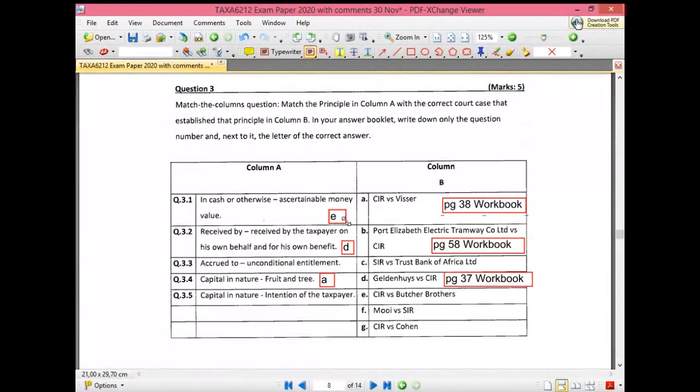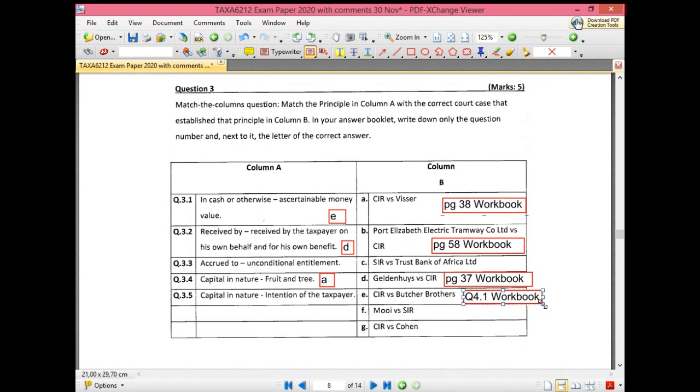Okay, so if I remember correctly, this was question 4.1 in your workbooks, is where they've made reference to this court case. So when you study, just add it to your workbook so that you are aware of it, so that if they ask it, you know where it belongs.